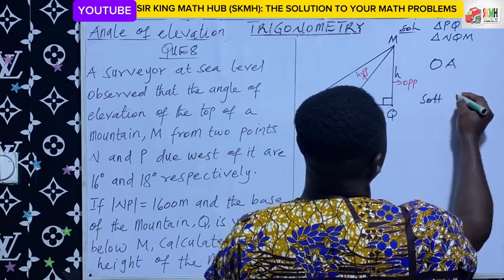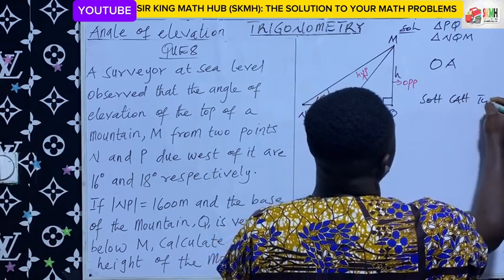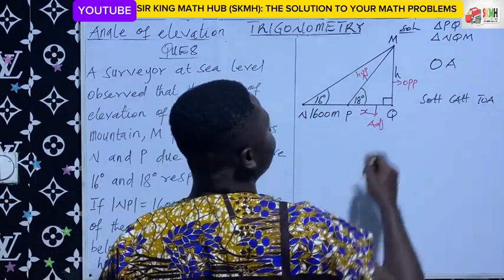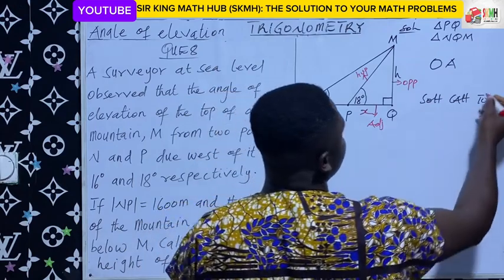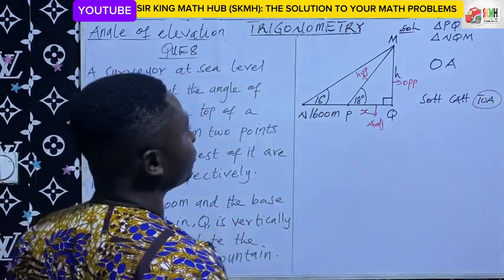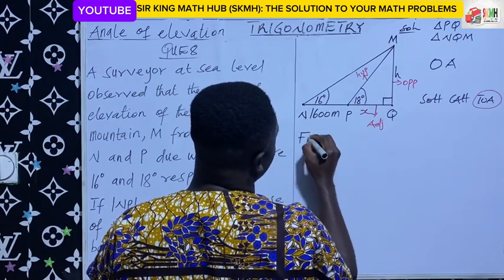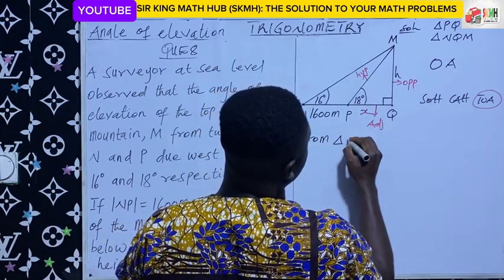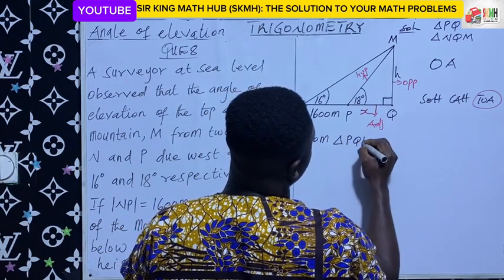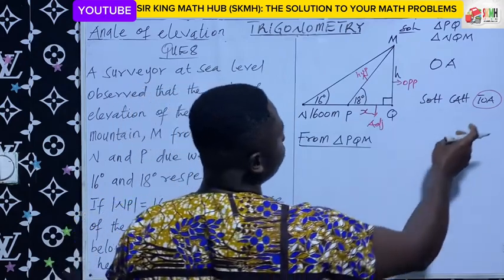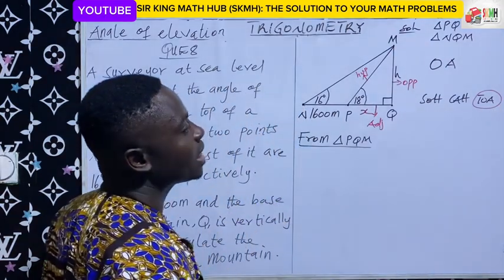So from SOHCAHTOA, which of them has opposite and adjacent? Clearly that is TOA. So from the smaller right angle triangle, triangle PQM, to calculate the height of the mountain, we must go by TOA. And what does TOA say?